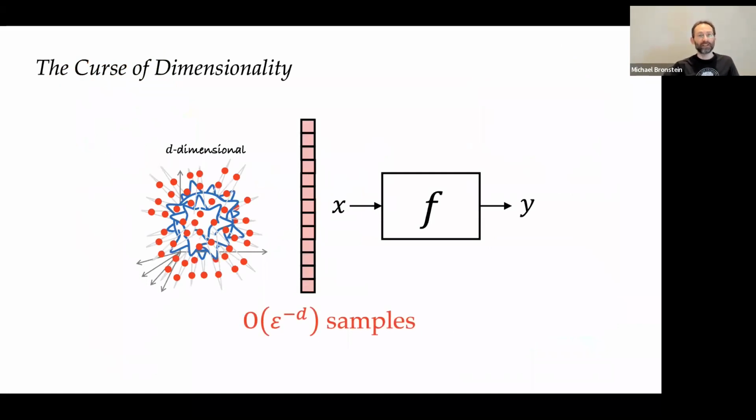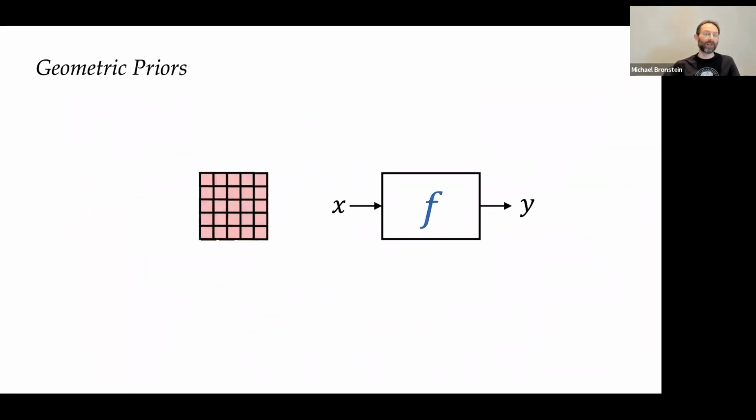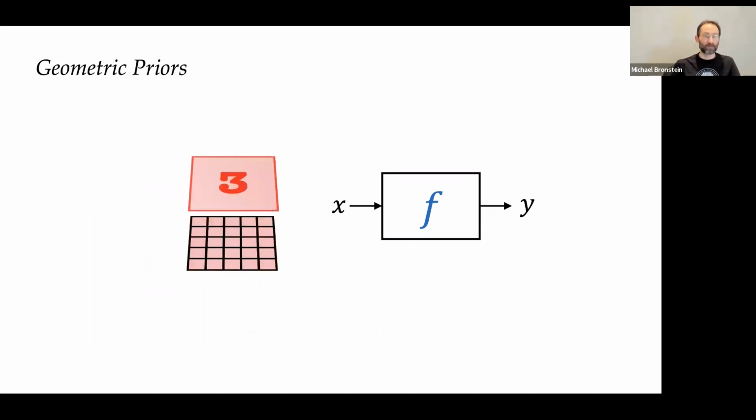Now, if we look again at this multidimensional image classification example that at first glance seemed hopeless because of the curse of dimensionality, one thing that we can observe is that we do actually have additional structure that comes from the geometry of the input signal. We call this structure geometric prior, and as we'll see, it's a very powerful general principle that allows us to address these dimensionality curse problems.